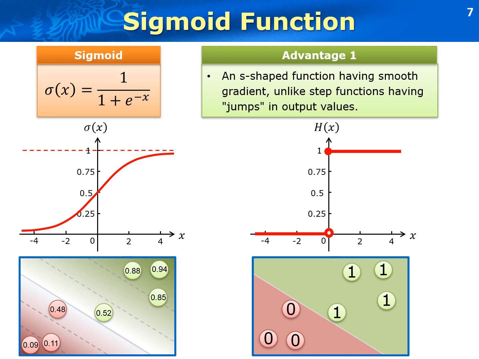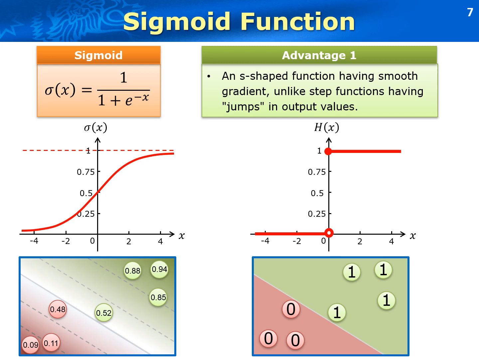For example, we can see the 2 data points close to the separator line have the sigmoid output value around 0.5, while other points far away from the line exhibit high or low probability for the particular class. Thus, sigmoid functions are widely used for binary classification, better than step function.